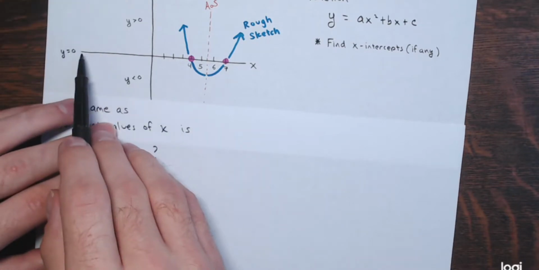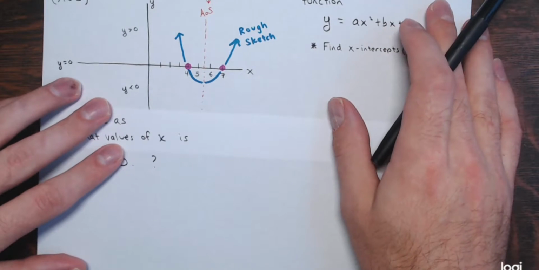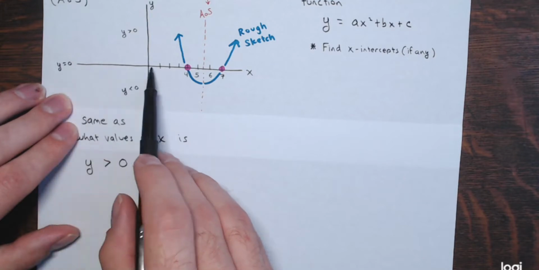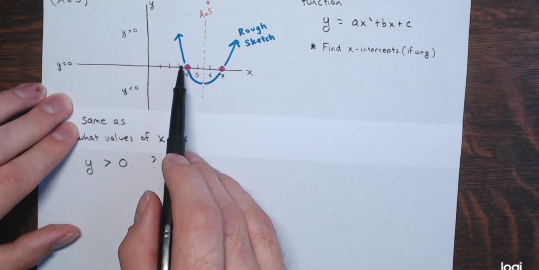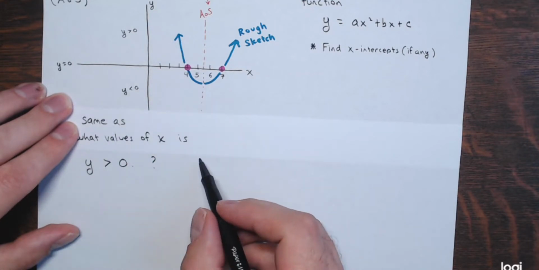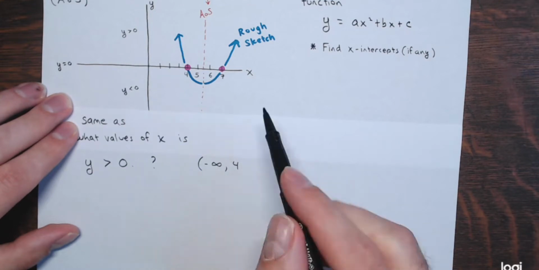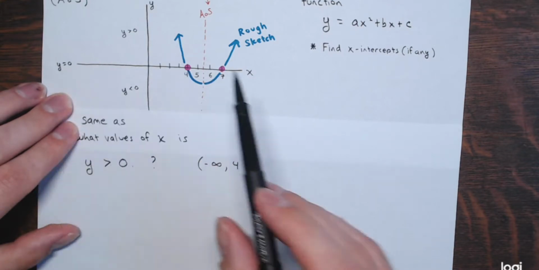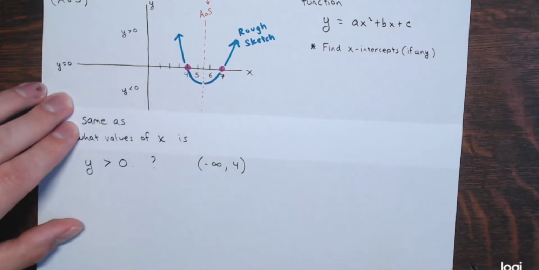And always going left to right on the x-axis, always low to high, I'm going to draw these in interval notation. So x goes from negative infinity up until 4, the y values are positive. The graph is above the x-axis. So from negative infinity up until positive 4, but not including positive 4, because positive 4 for x gives me 0 for y, not greater than 0. So positive 4 wouldn't be a solution. So I'm putting parentheses on that.